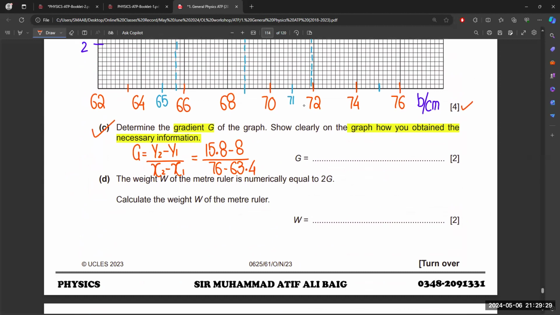So these are the values we recorded from the graph. It will be 15.8 minus 8 divided by bracket 76 minus 63.4. 0.62.